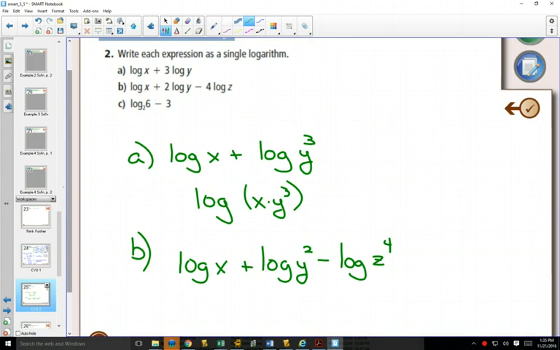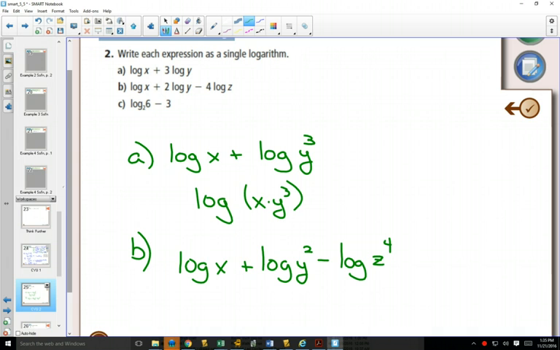Now we have adding and subtracting. So when wondering about which one you should use first or second, I'm going to tell you it's not going to matter, but I'm also going to tell you that we're going to do this all at once. We're going to find out that whatever's added is multiplied, and whatever's subtracted is divided. And so whatever's multiplied will be in the top part of your fraction.